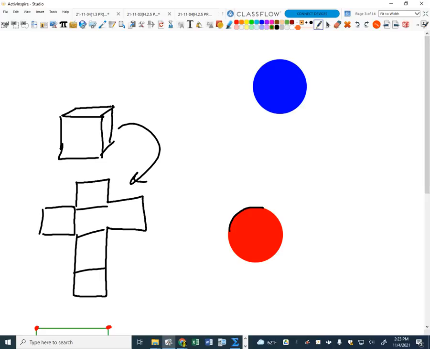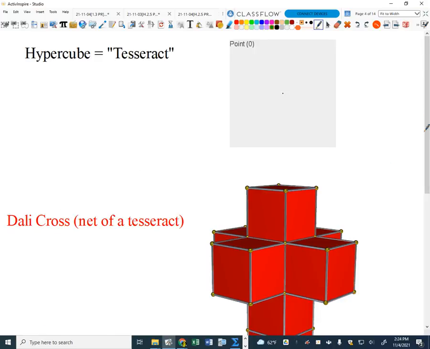We can't imagine what that would look like, but a 4-dimensional object would have a what dimensional net? A 3-dimensional net. So we should be able to see what the net of a 4-dimensional object would look like. Okay? And here it is.